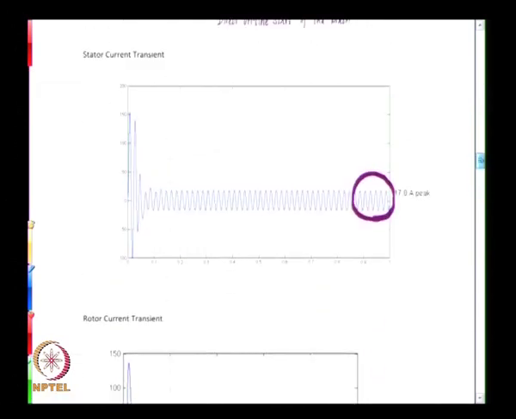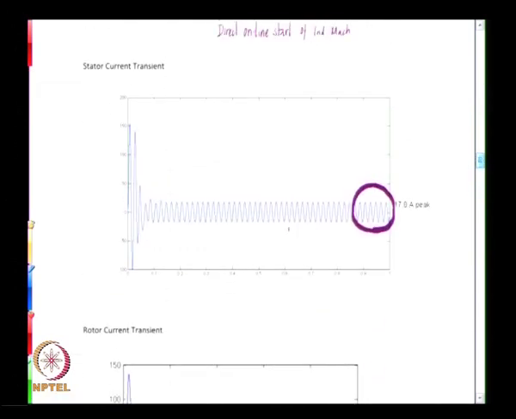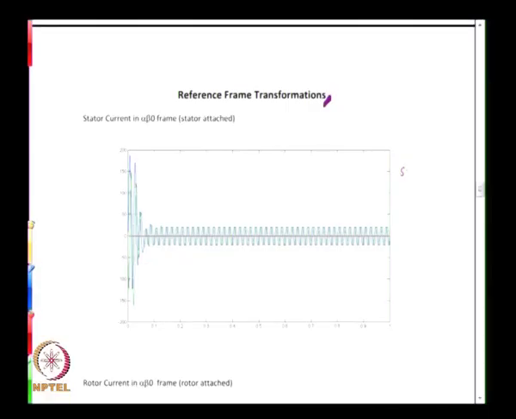If you were to transform the stator current, that is the 3 phase stator current, into the alpha beta reference axis, the 2 phase axis, what we can see here is that the 2 phase waveforms appear like a pair of sine and cosine waves. If you look at it closely, you can see that the waveforms are basically displaced by 90 degrees.